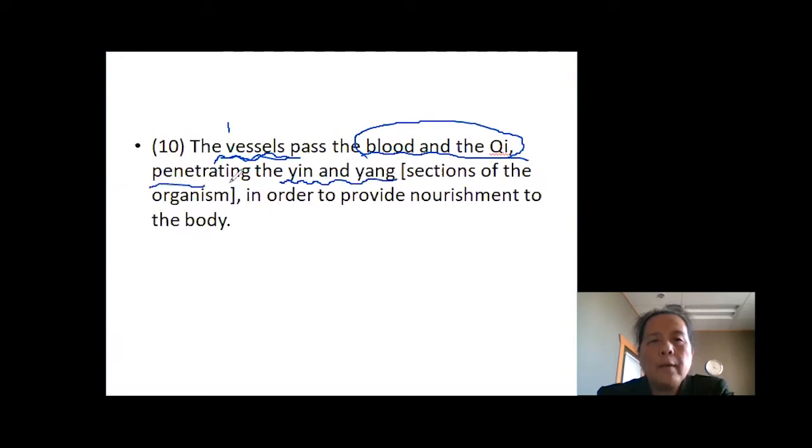Penetrating means yin yang communicate and pass through inside the body and provide nutrition to the body. So this page basically talks about the meridians and the vessels and their functions. They communicate and pass through yin and yang. They send nutrition all over the body.